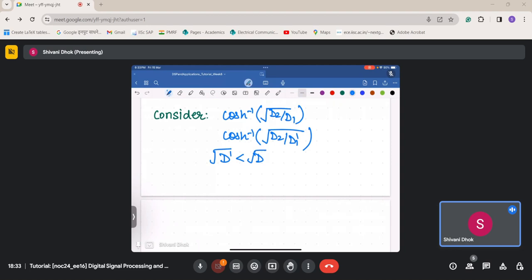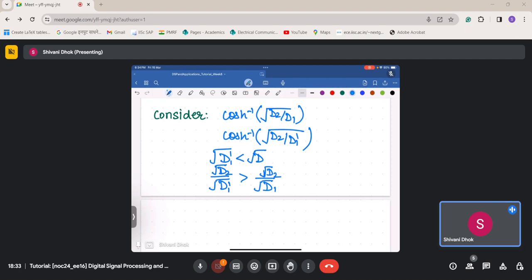I can take a reciprocal, so it will be 1 over d1 prime should be greater than 1 upon d1. 1 over under root of d1 prime should be greater than 1 upon under root d1, and I can just multiply both sides by under root d2. Nothing should change.